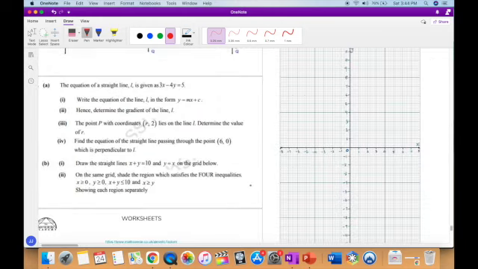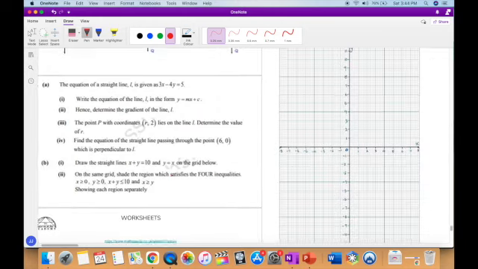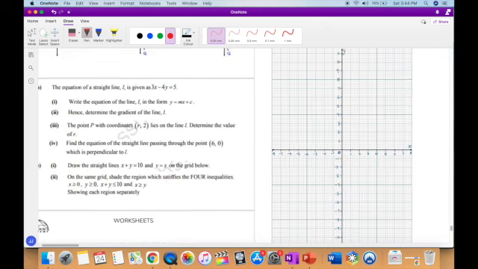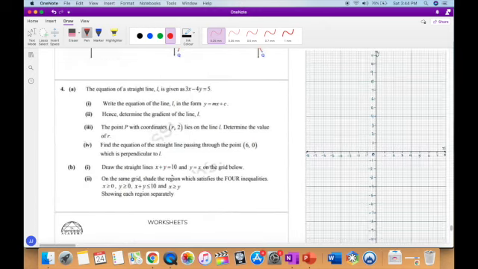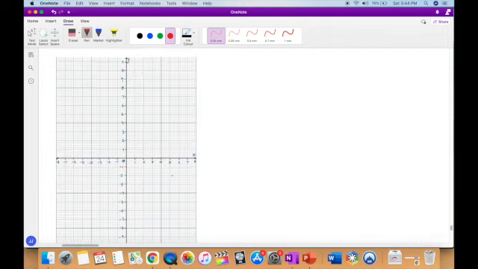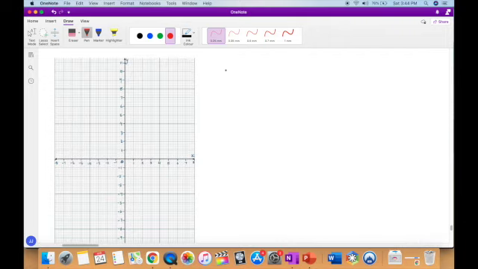So I have two lines. The line y plus x is equal to 10. Let me draw that line first, and then we have the line y is equal to x. So x plus y is equal to 10. I can see here that when y is 0, x is going to be 10, because 10 plus 0 is 10.